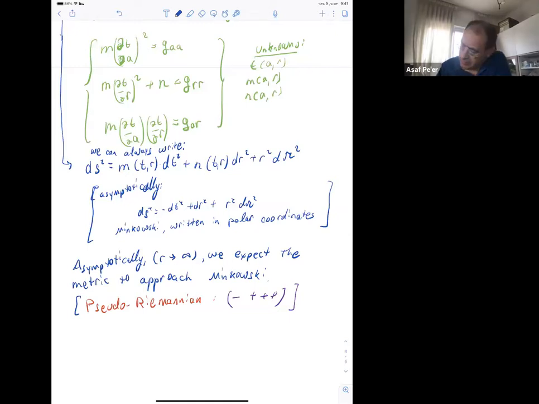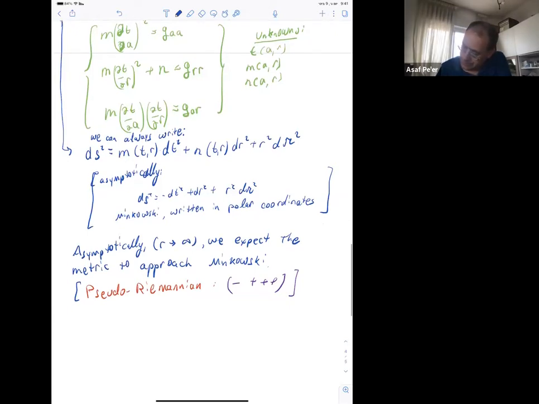That means that we choose M to be negative. M of T and R must be negative, and N is positive.